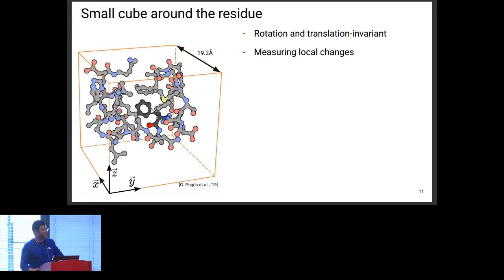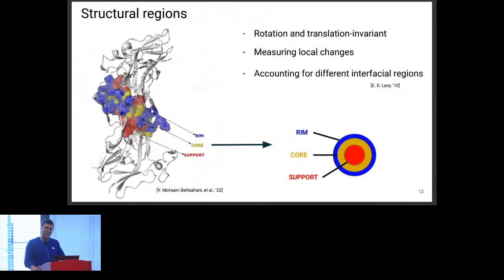And thanks to this local orientation, we can have a rotation and translation invariant representation. Also, we took into account the different structural regions of the interface, which are support, core, and rim. Here, they are shown with different colors.